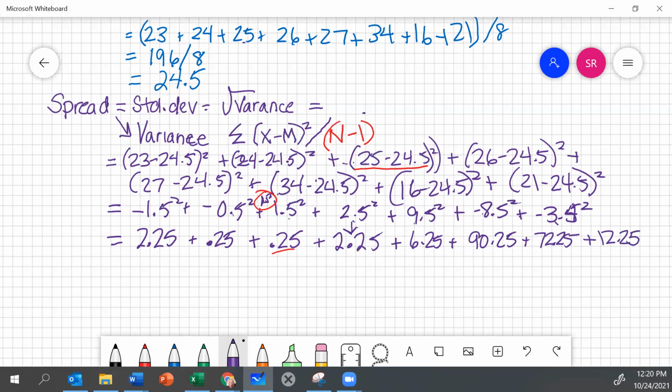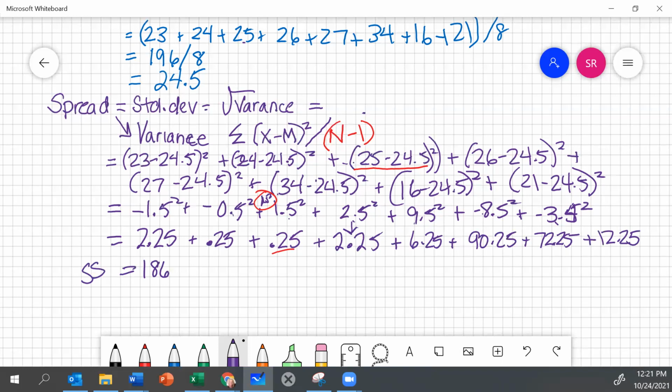And now if I add all these together, I get what we call the sum of squares, which is 186.